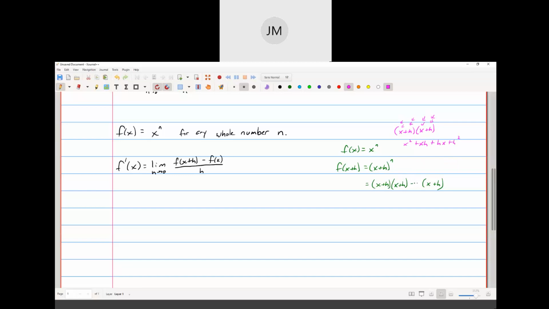And when we get all the combinations, you notice when you do that, if I take every possible combination, I could pick x every time, and I would end up with x to the n, because there's n of these factors. Or I could pick h the first time and pick x all of the rest of the times. Okay, so then I would have x to one smaller power and an h.